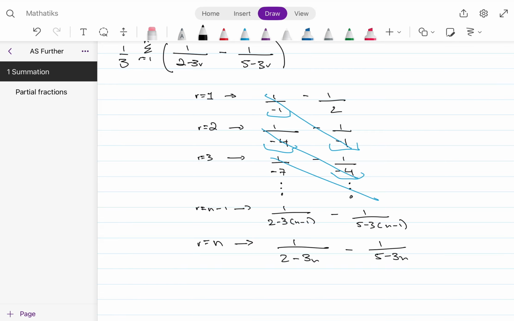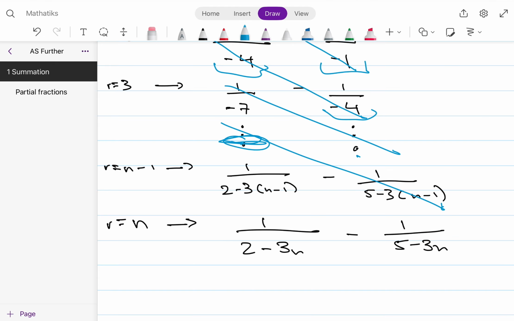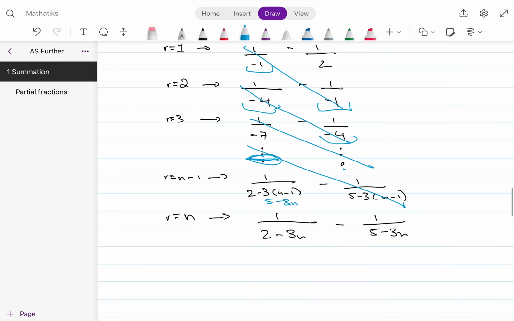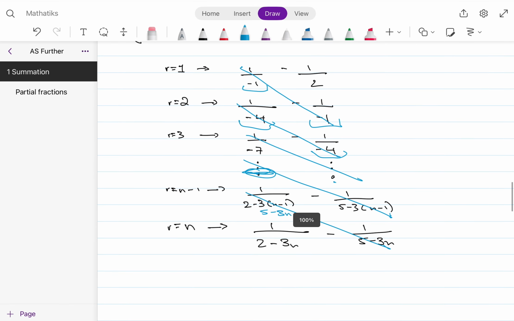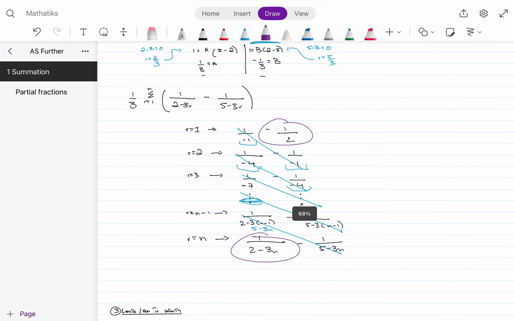Since each term is canceling with the one above and to the left of it, and we know there's a term over here, this is going to cancel. And this is also equal to 5 minus 3n. So this is also going to cancel, which means your sum is equal to the two terms left over, these two.